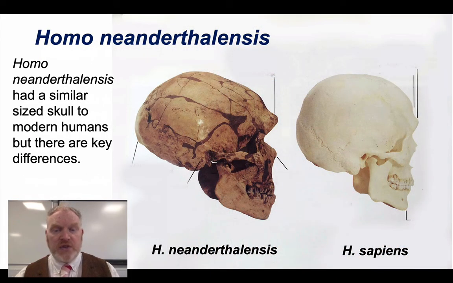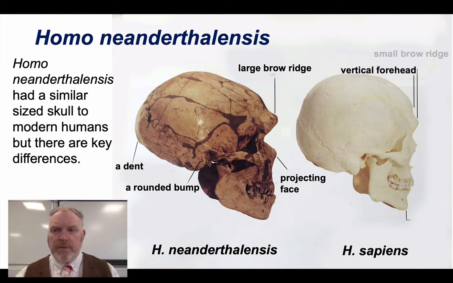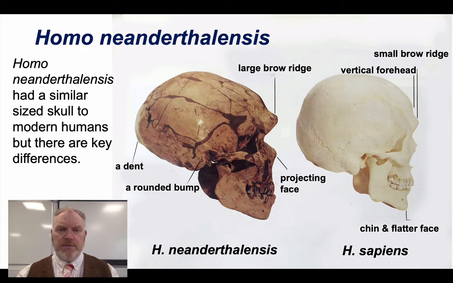The skull size, and with it the brain size, was very similar. There are some small differences in the shape of the skull, particularly the very large brow ridge that Neanderthals would have had, and perhaps a face that was a little bit more projecting. Modern humans have a flatter face, smaller brow ridge. But really, these are quite subtle differences.